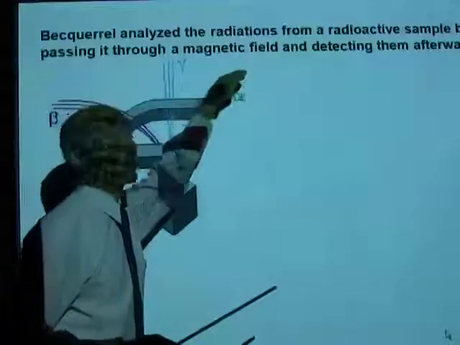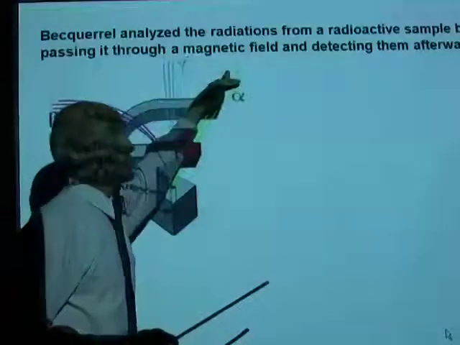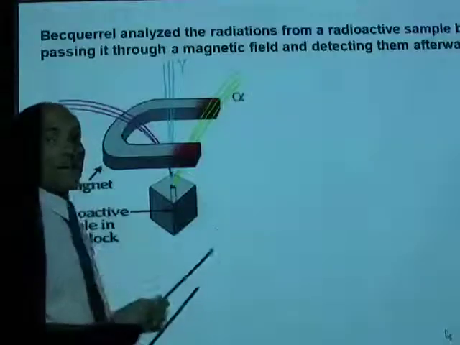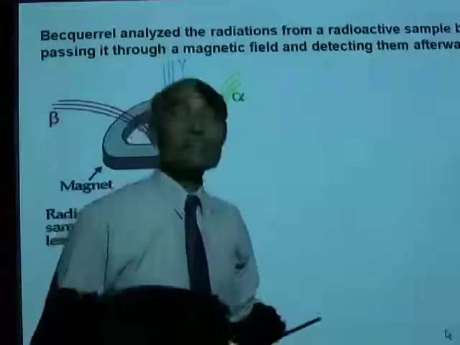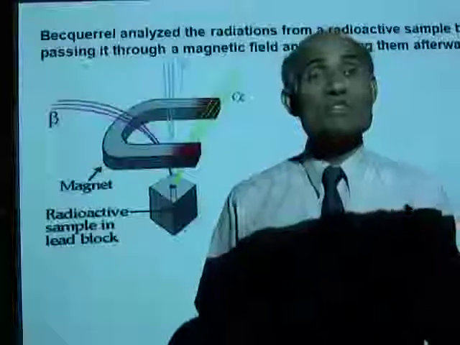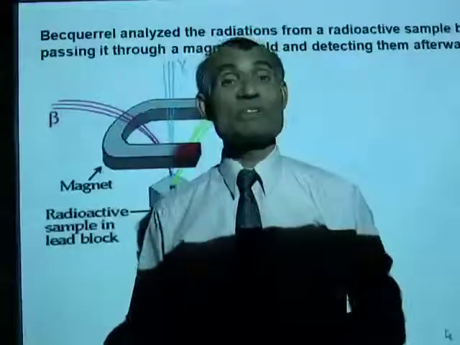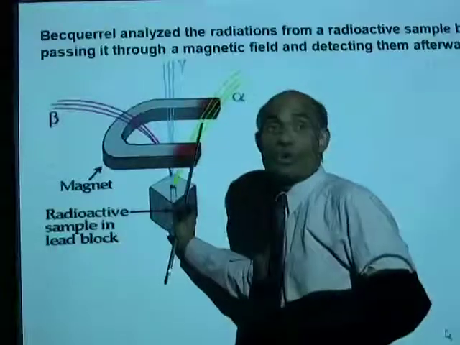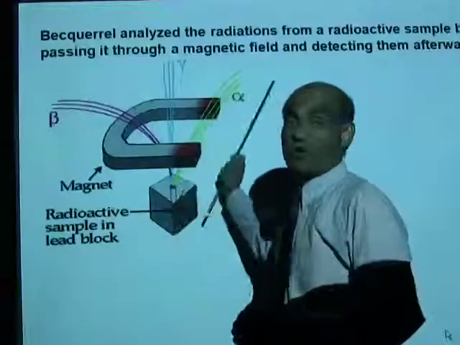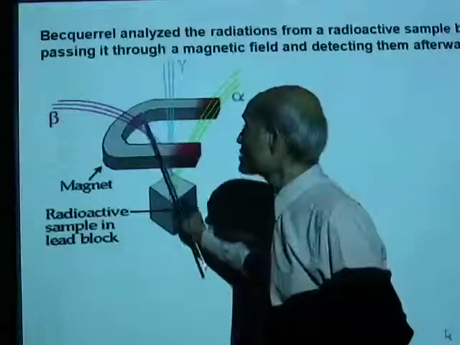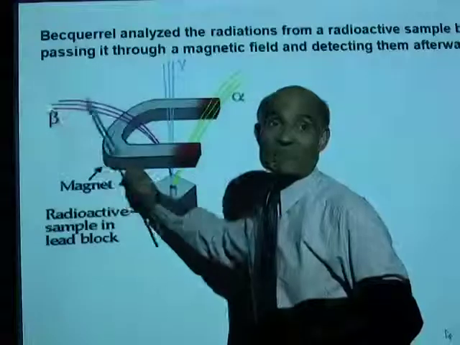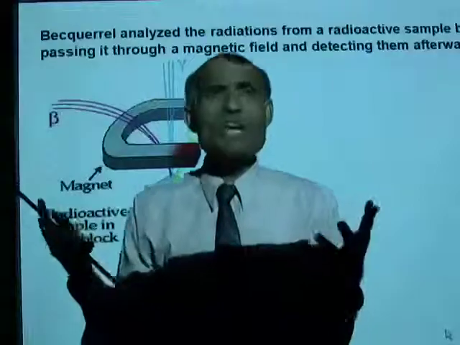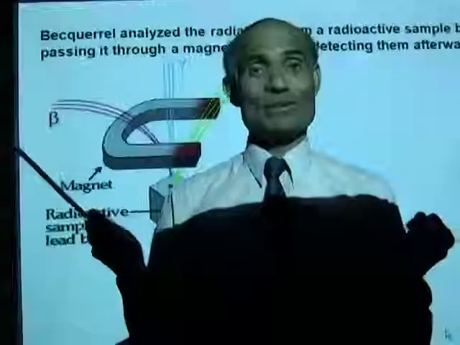Of course, Becquerel had detecting devices all around this setup. He found that the radiations emitted consisted of 3 different types of radiations. One radiation was deviated to the right, another radiation was deviated to the left, and the third type of radiation did not suffer any deviation at all.